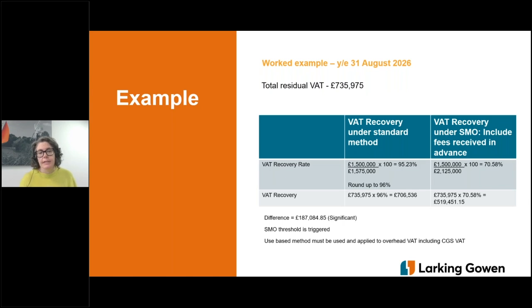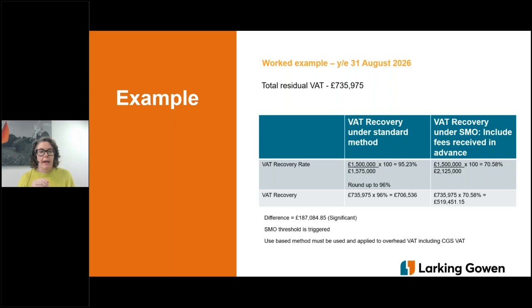If we use the standard method, we will just be taking our taxable income of £1,500,000 over our taxable plus exempt income of £1,575,000, and that will give us a residual recovery rate of 96% once we've rounded.